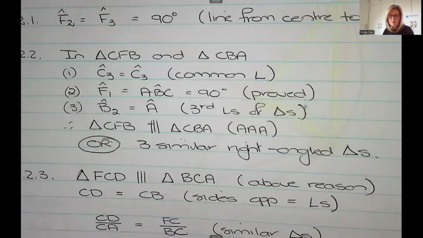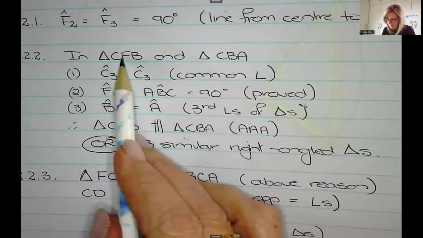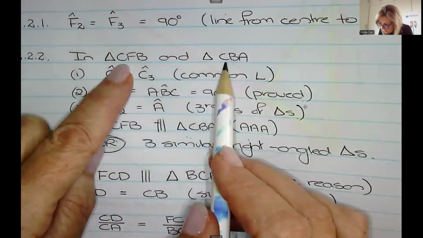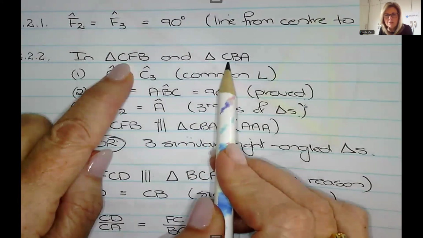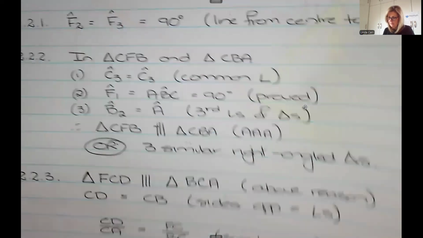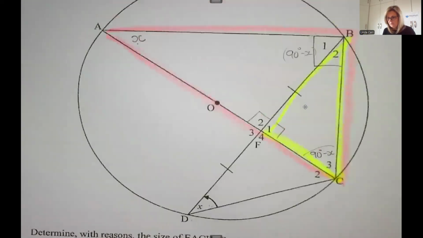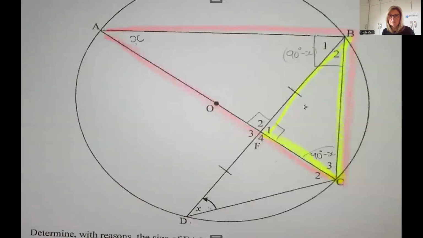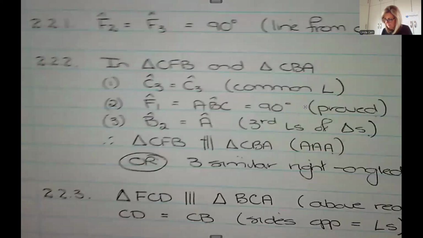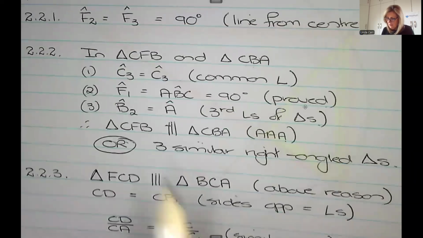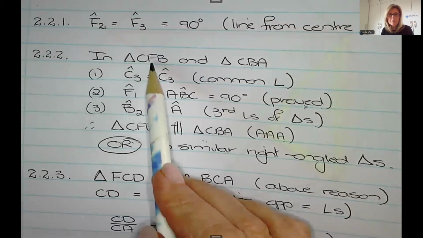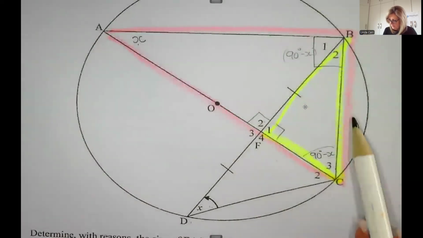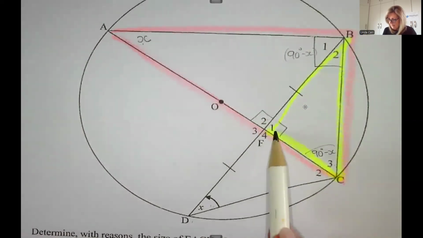So these are the 2 triangles that they gave me. You can straight away say, why is angle C equal to angle C? If we look on the sketch, why is angle C yellow equal to angle C pink? Oh, it's a common angle. Then you can say, why is F equal to B? F would be F1.